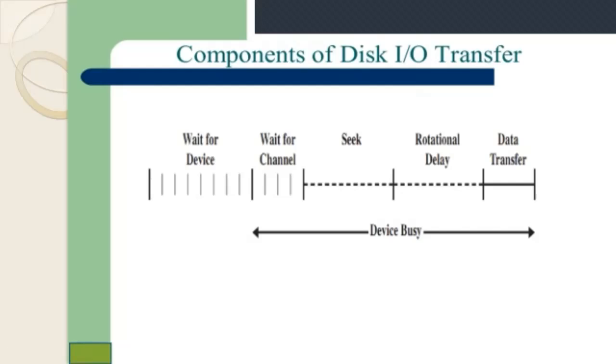When the device is busy, it consists of seek, rotational delay and data transfer. These are the factors, the criteria, based on which we can say that the device is busy and cannot be used.